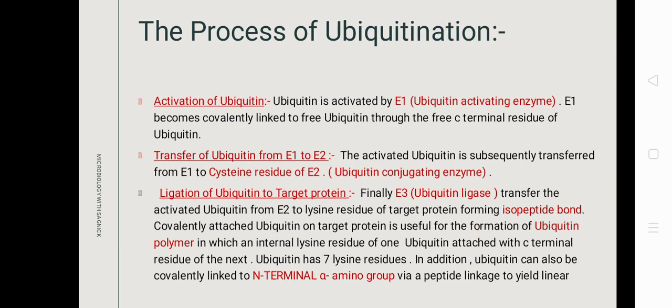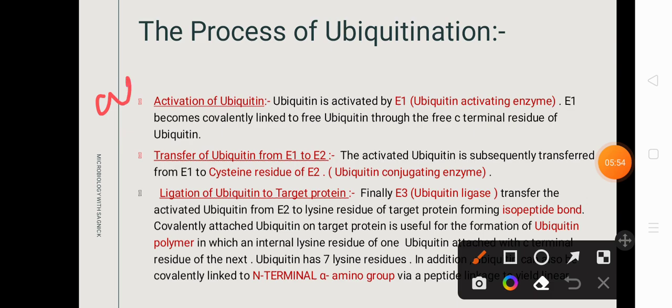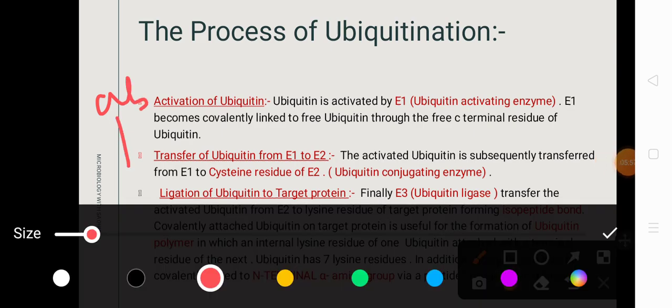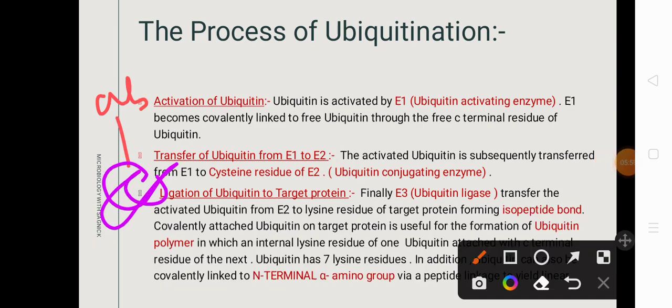And once one ubiquitin is attached with the target protein, this entire thing will be very useful for polyubiquitination. As I have just told you, ubiquitination may be of various types: monoubiquitination, multiubiquitination, polyubiquitination.